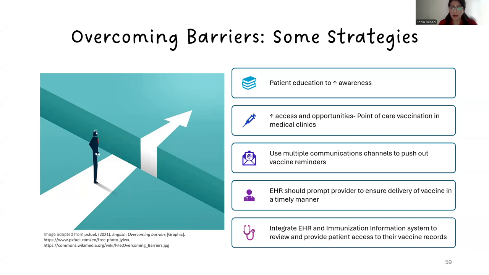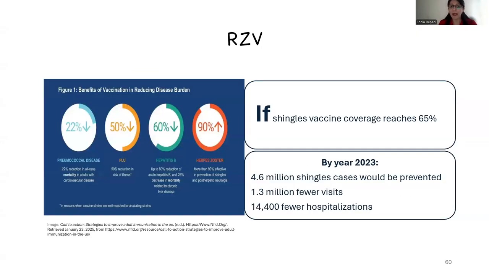Having the EHR remind us, because we providers are busy. If the EHR was integrated such that it gives us reminders like, hey, patient is 50, time to get the shingles vaccine, or the first dose has been recorded, it's time to get the second vaccine. And then integration of the EHR, so if they get the vaccine somewhere else, we are aware of where and when they got it, so we can catch up with the second dose if we have to.